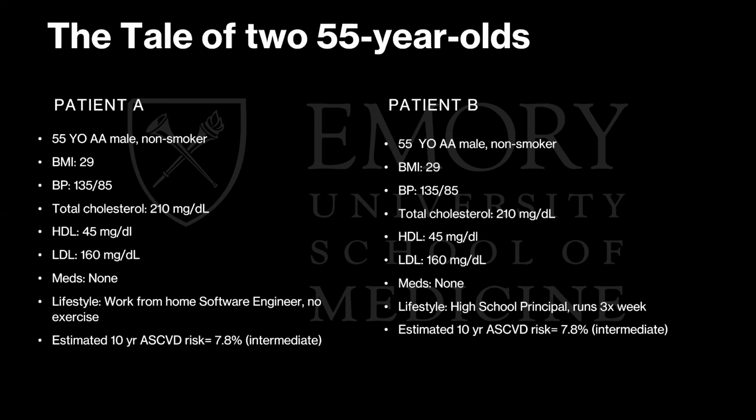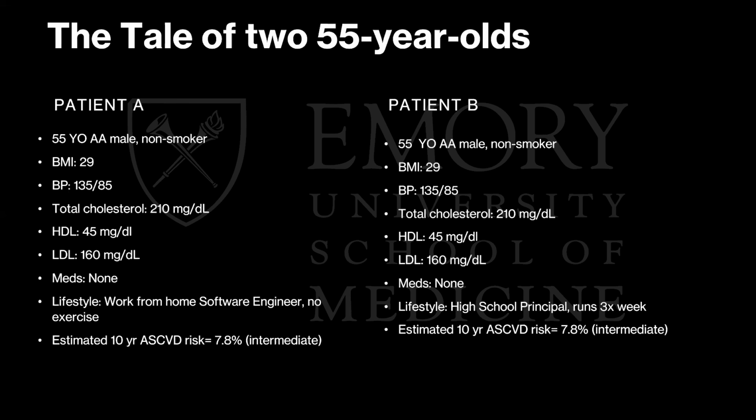So I named this slide the tale of two 55-year-olds because I like to give you a visual picture of what we're speaking about. I have two patients, patient A and patient B, and you're going to see something very quick, but they're very similar to each other.